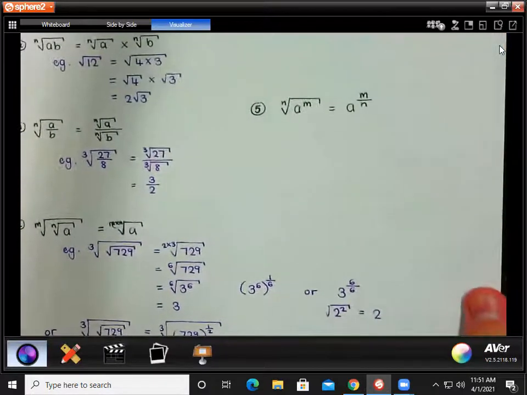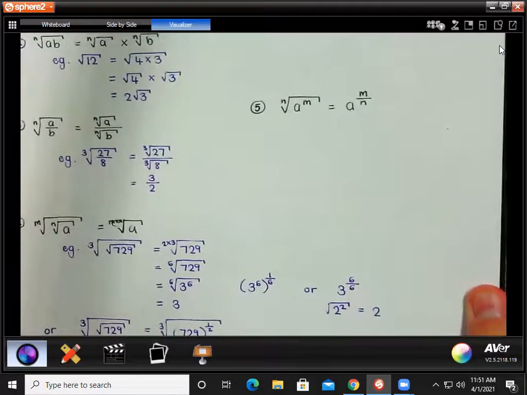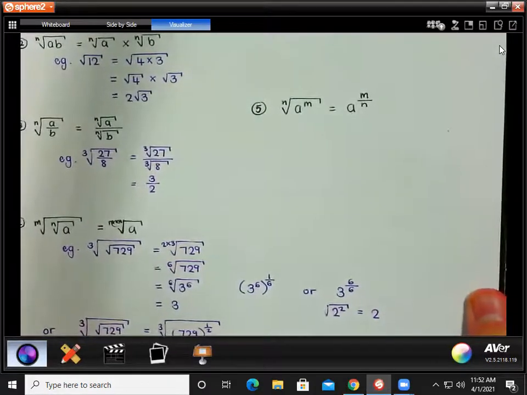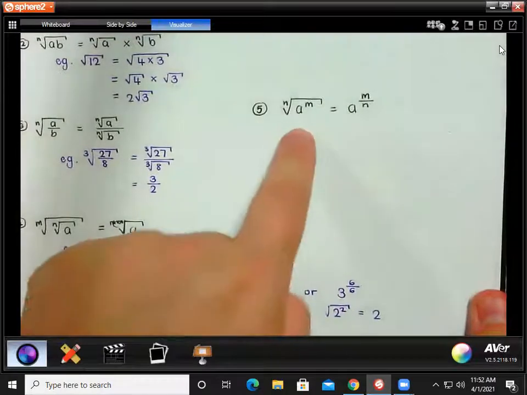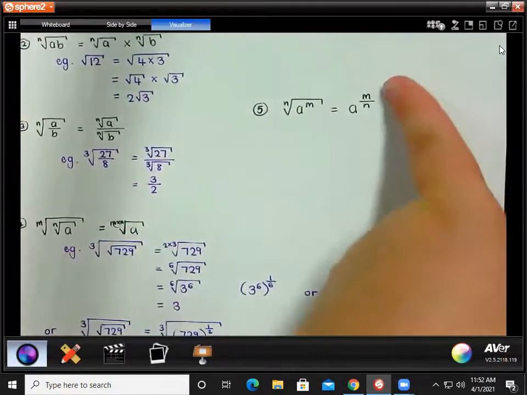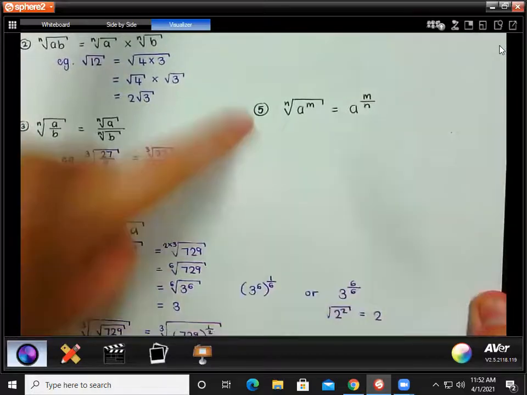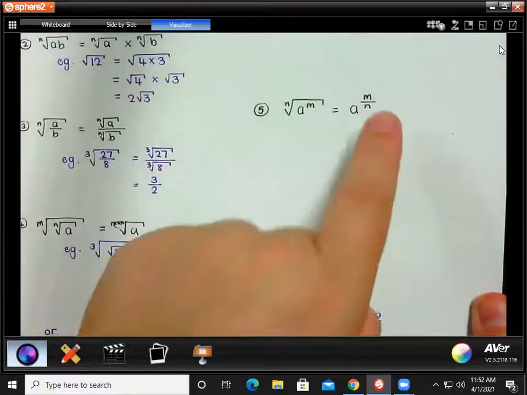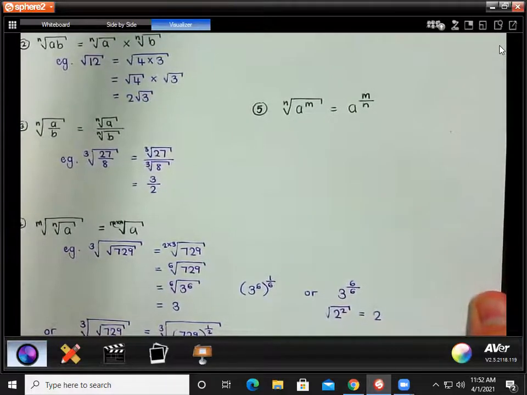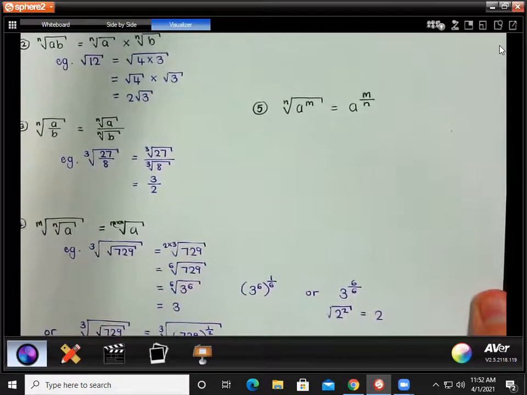We saw now in this last example that it gave us a second method. If you have the nth root of a to the m, you can change that into exponential form by taking that same base. The exponent inside the surd becomes the numerator of your new exponent, and the number outside the surd becomes the denominator of the new exponent.